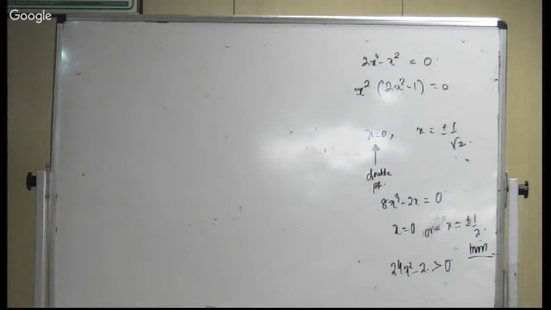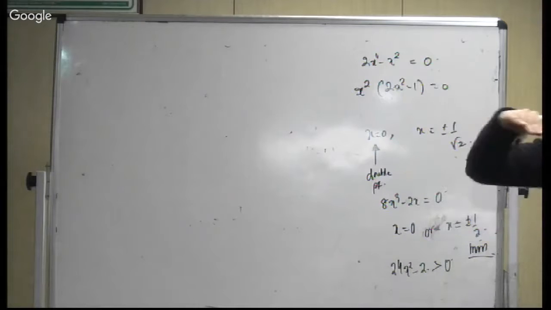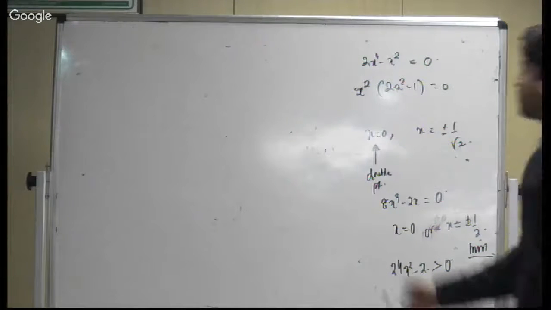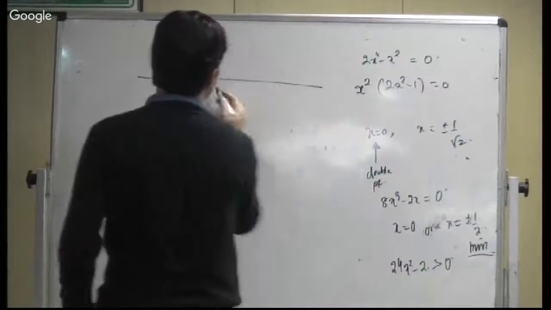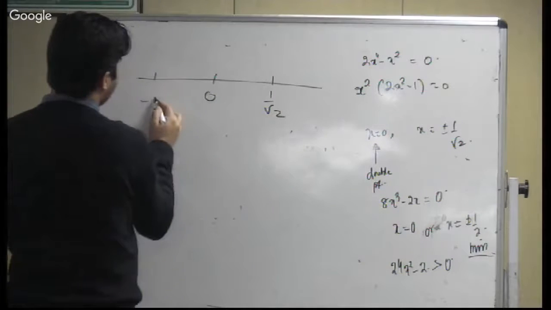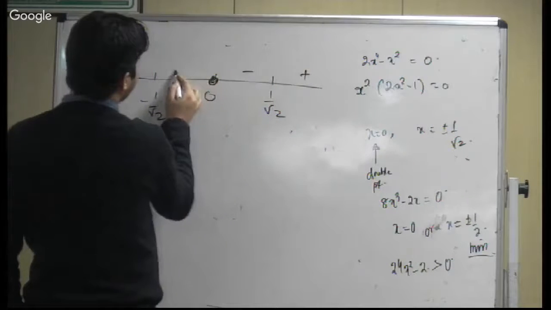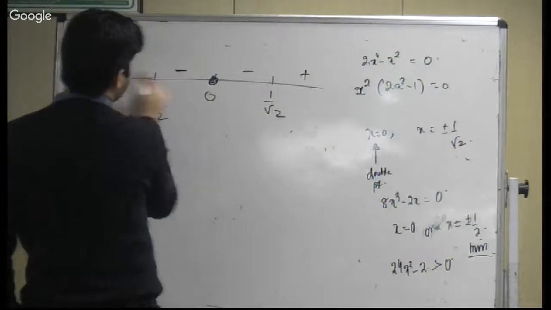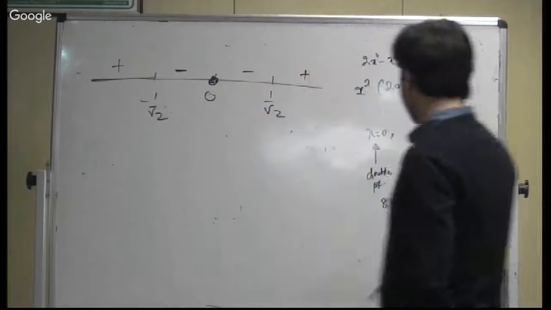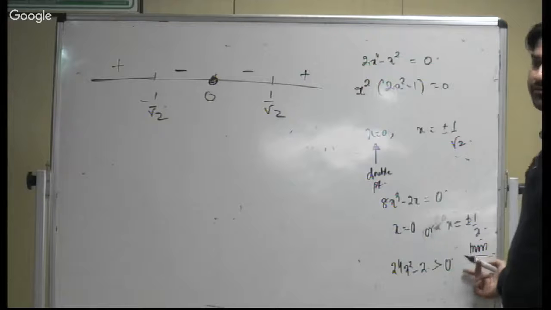Both are local min. Now the question is the extent of the graph. I see the critical points 0, 1 by root 2, minus 1 by root 2, with the double point at 0. Obviously, it has to be local min only.